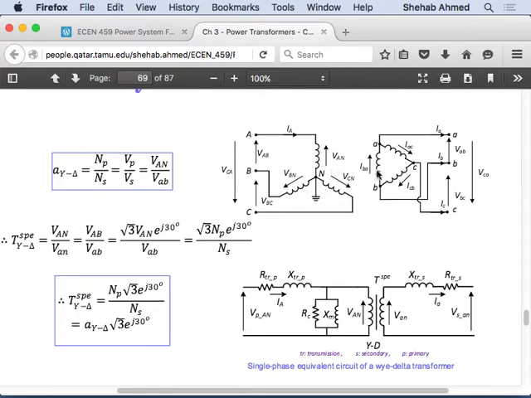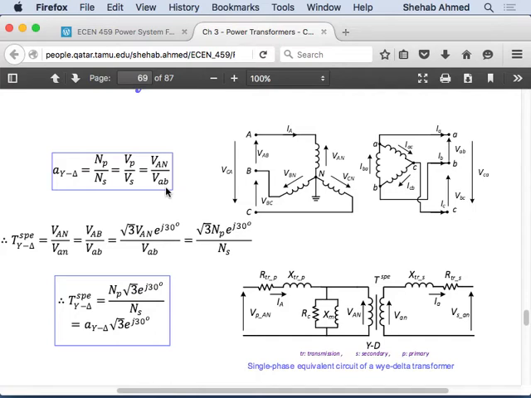The one we drew in parallel with it, right? So the phase voltage on the primary is in phase with the line voltage VAB on the secondary side, which is the delta in this case, right? So that's the ratio of the turns in a star delta transformer, right?